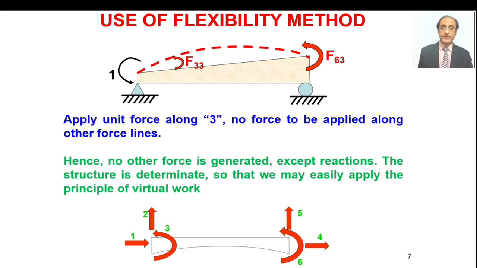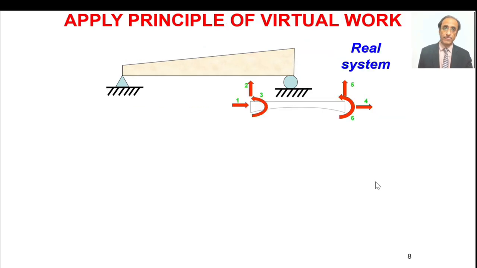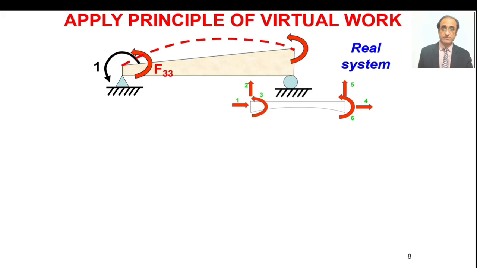So here now we can see that no other force is generated except the reactions. So the structure is very determinate in nature and we can easily apply the principle of virtual work. So let's see how. Now we apply the principle of virtual work. So what we do, first of all, we treat this as our primary force system, and for this particular system we obtain the bending moment diagram.